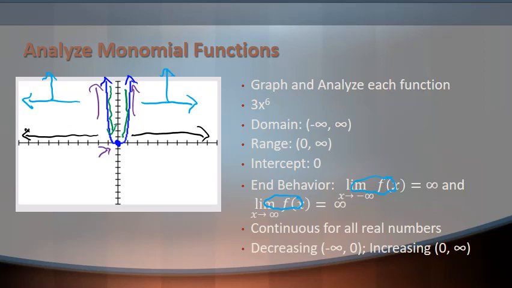My graph is continuous for all real numbers. It is decreasing as x goes from negative infinity to 0. At 0, I see a turn. Now it's beginning to increase from 0 up to infinity.